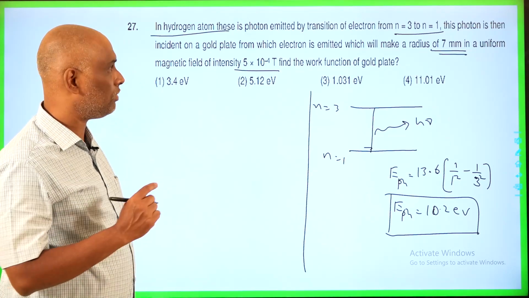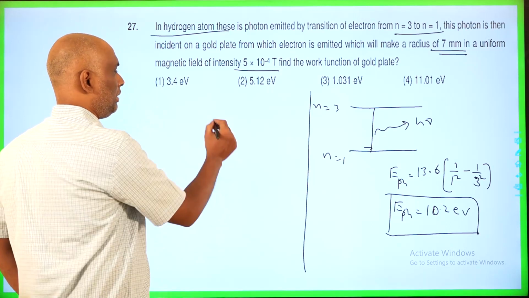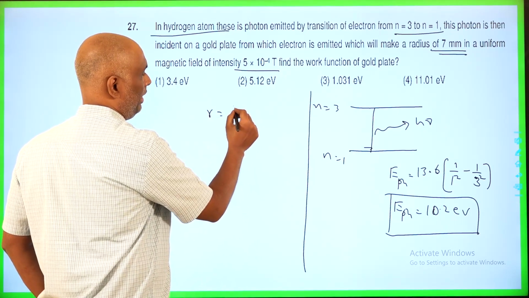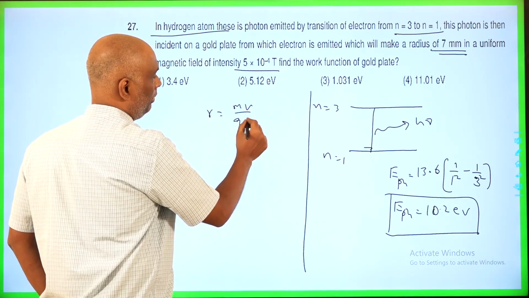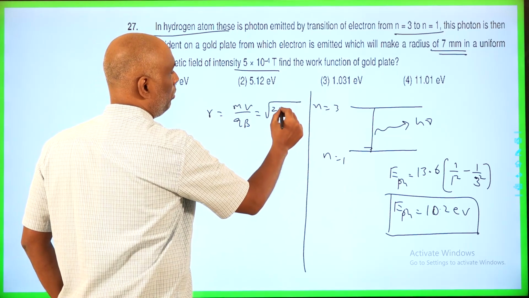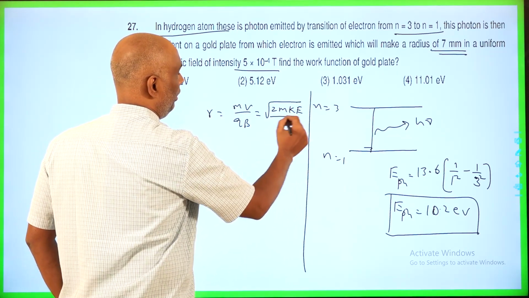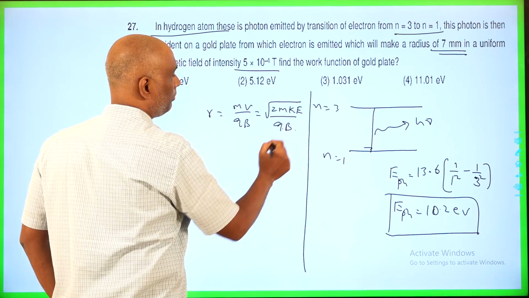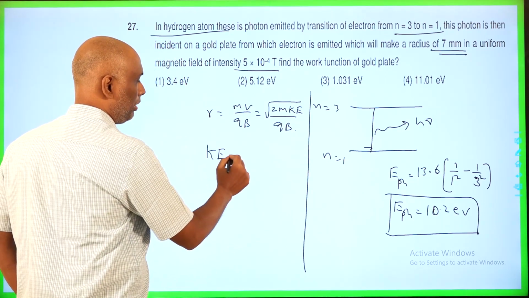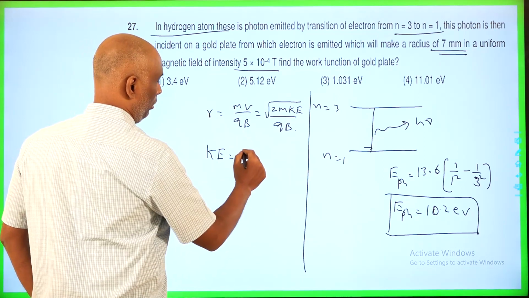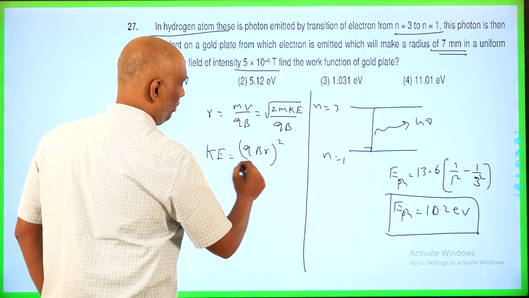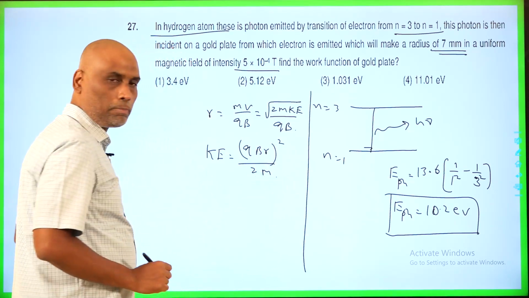The radius of the circular path is given by momentum mv divided by qB. mv can be written as under root 2m Ke divided by qB. Therefore, the kinetic energy of the electron Ke equals (qBr) whole square divided by 2m.